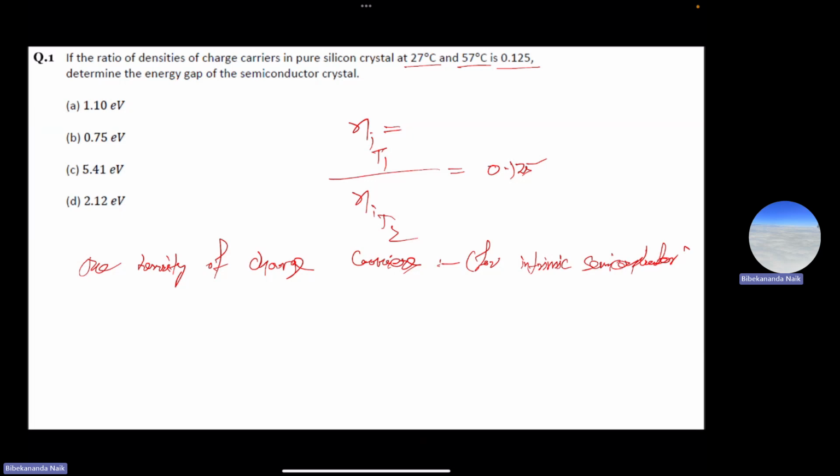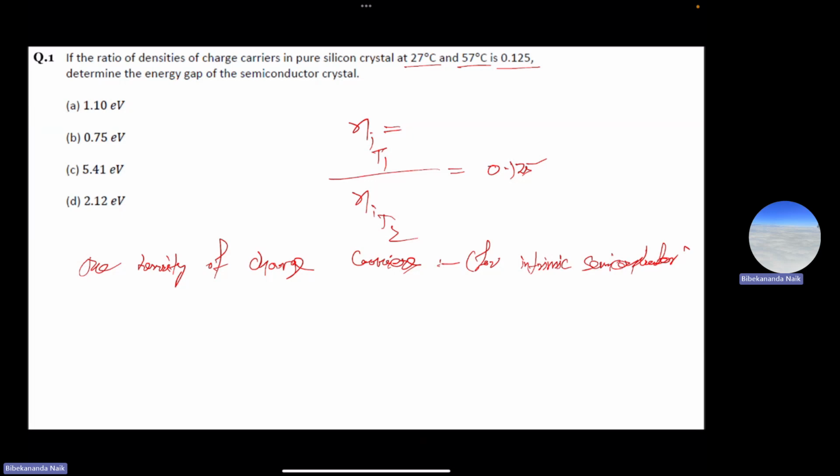Then Eg will be 6600 into kB, which is 1.38 into 10 to the power minus 23, into 1.94, which will give you 1.767 into 10 to the power minus 19 joule. If you convert it into electron volt, we divide it by 1.6 into 10 to the power minus 19. It will come out to be 1.1 electron volt.